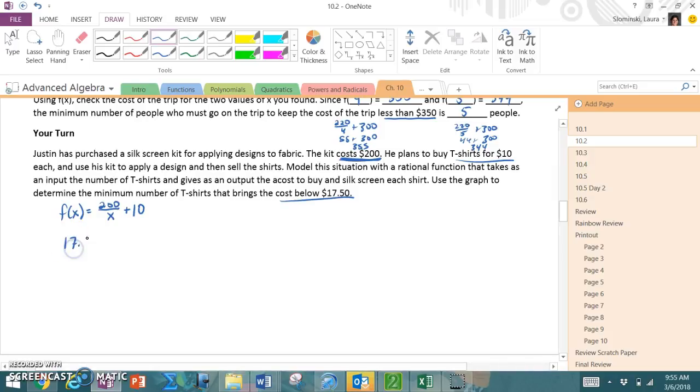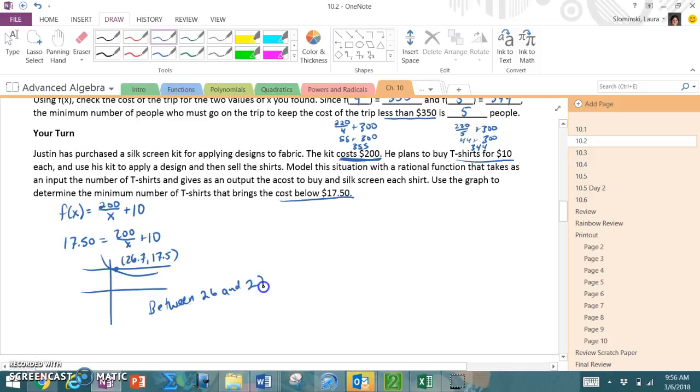If I want to graph it to solve this question, I would graph when does it equal 17.50. When I graph that, I ended up seeing this. I got 26.7, 17.5, which means that it's got to be between 26 and 27.